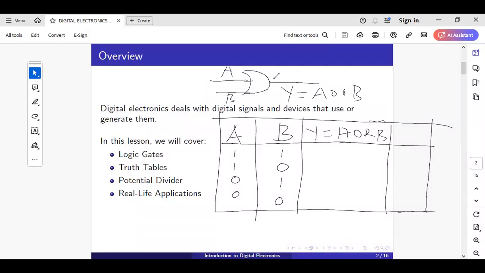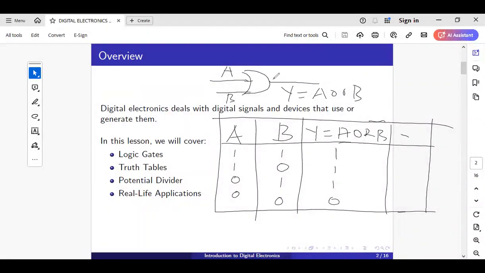Louder and faster. When both are on, what is the result? We just add, yeah? 1 plus 0, 1, 0 plus 1, 0 plus 0.